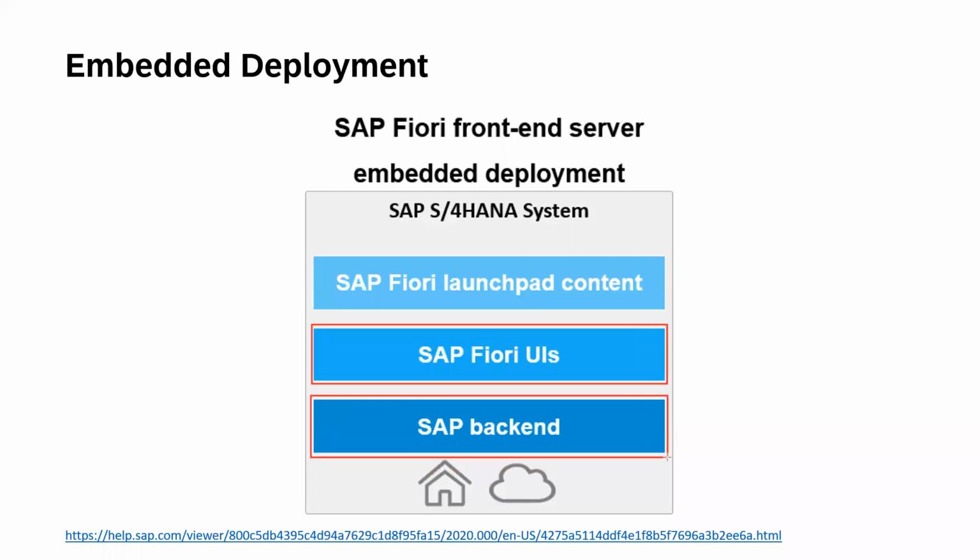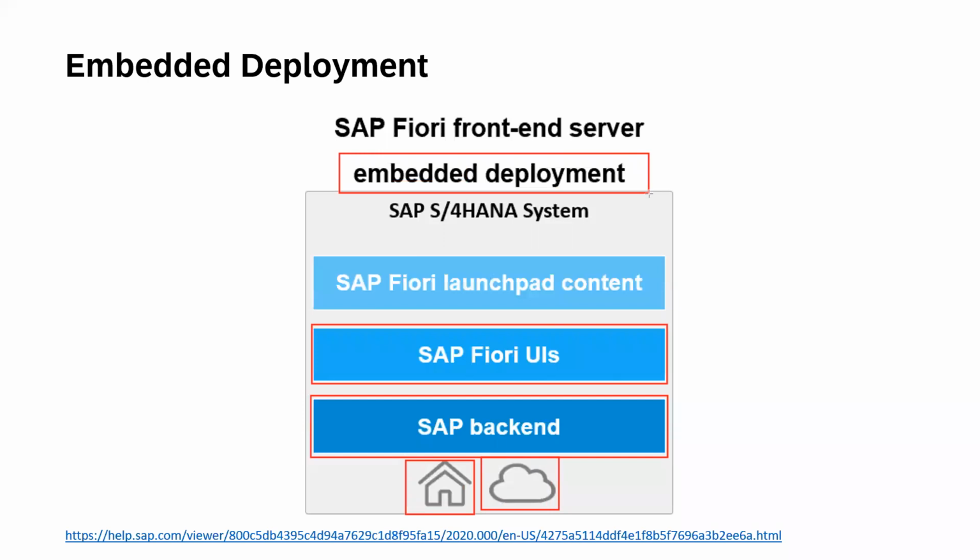When Fiori comes into the picture, your application server becomes the backend and your Fiori becomes the front end. Fiori will be fetching data from your S/4HANA system. Both of them reside in the same system. It can be on premise or it can be on cloud also. This type of deployment is called an embedded deployment.